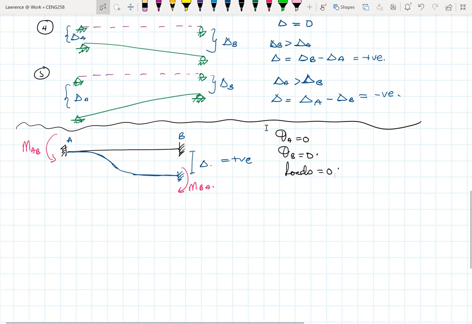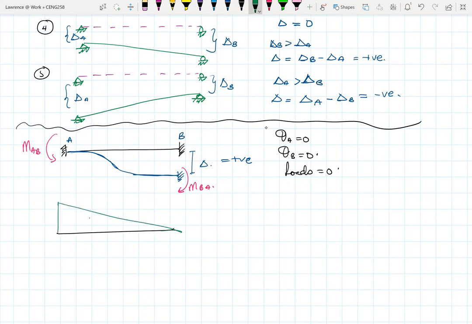The first step is to draw the bending moment diagram. Here you can use the principle of superposition: you do it for only MAB and you do it for only MBA. If I use that principle, our bending moment diagram will look like that.